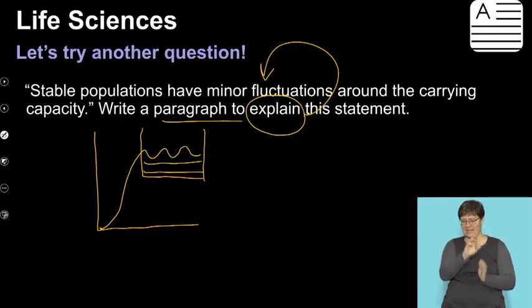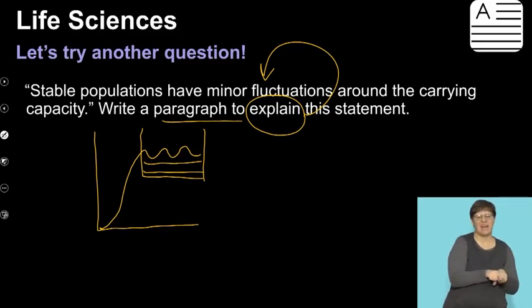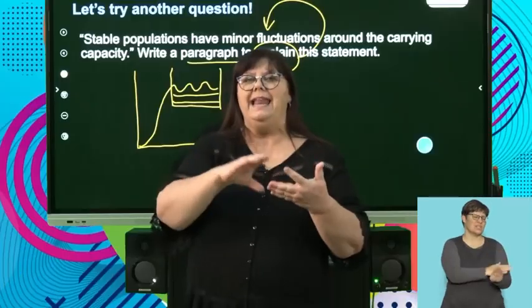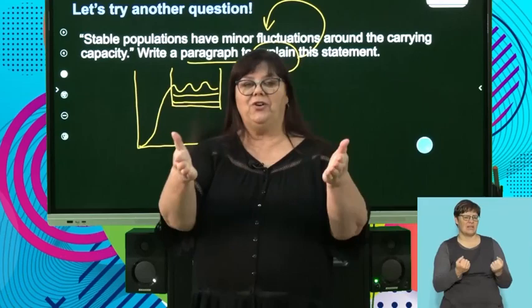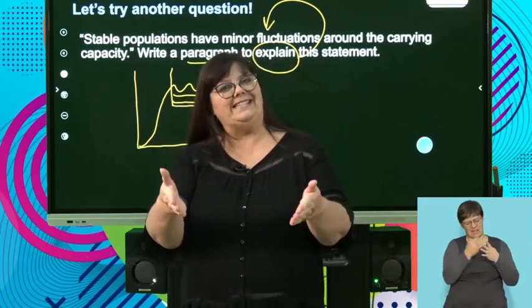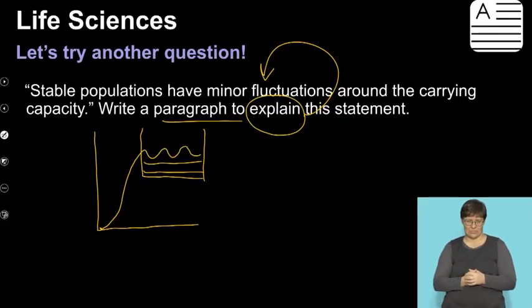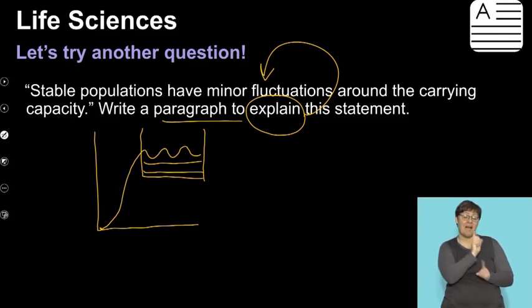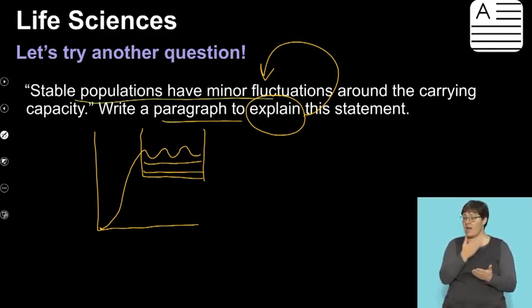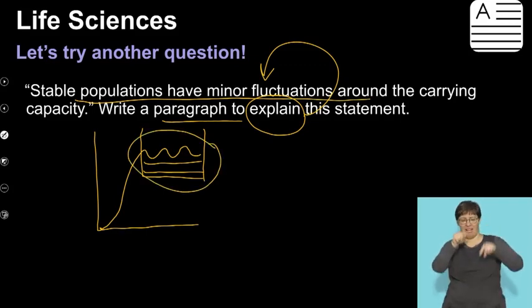So you're going to be talking about things called environmental resistance, carrying capacity, limiting factors. You've got it in hand. You can do this. I challenge you to write this paragraph and then check your answer and see, were you able to interpret this minor fluctuations around the carrying capacity?